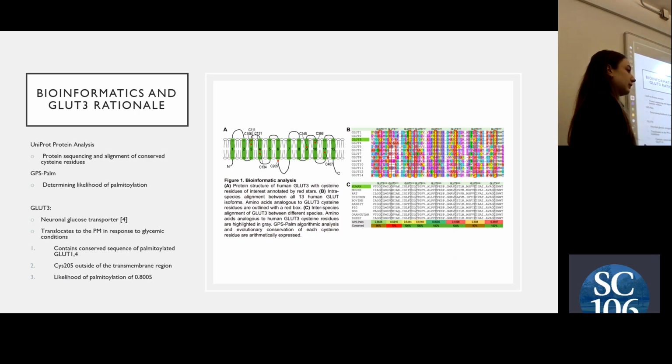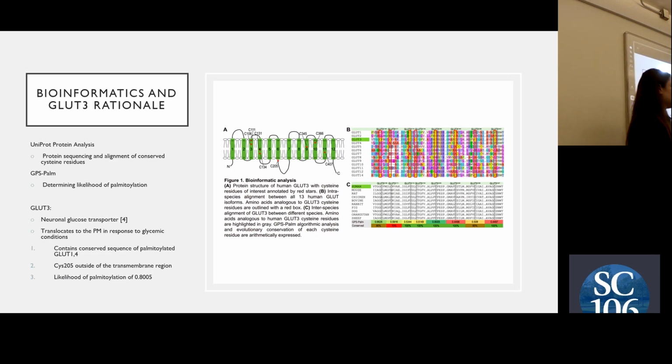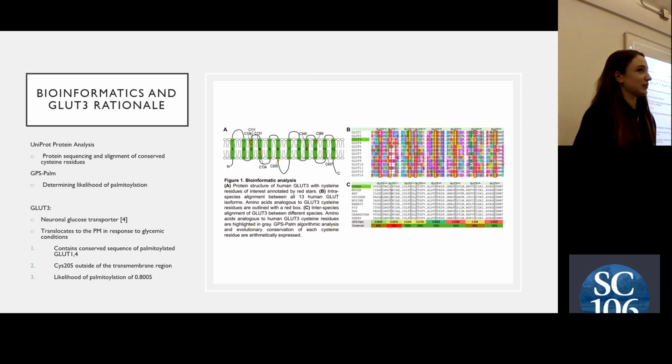We found this conserved sequence at cysteine 205 in GLUT3. We also ran interspecies protein alignments to show the evolutionary benefit of keeping this conserved sequence, and we noticed that in GLUT3, this sequence remained consistent, which hinted to us that this might be really important for its function.